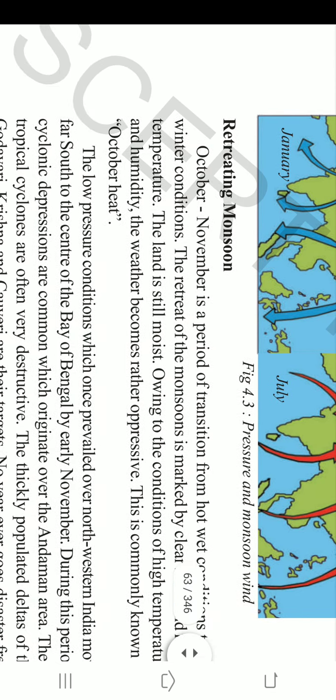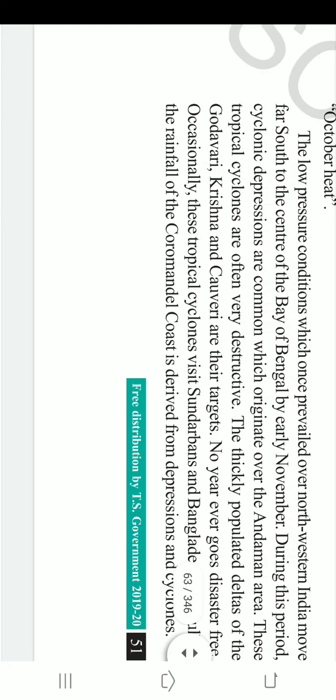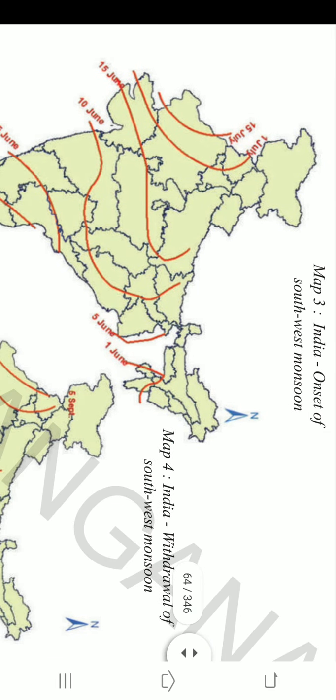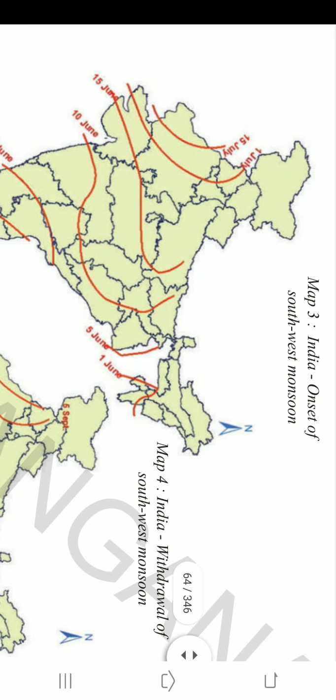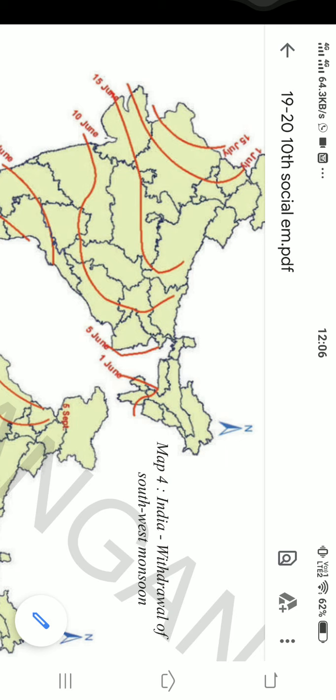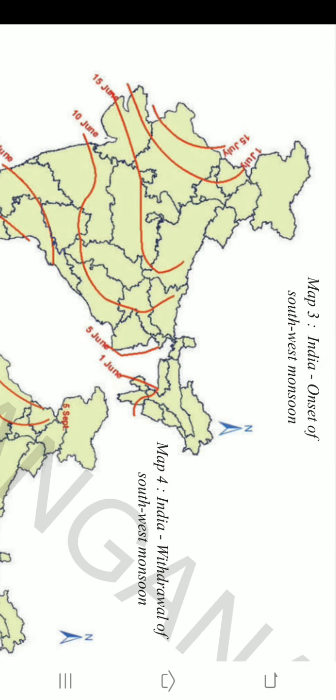Okay, so these are the advancing monsoons and retreating monsoons. I'll show you the onset of southwest monsoons here. This is the onset of southwest monsoons, my dear students. Understand? Look at that.